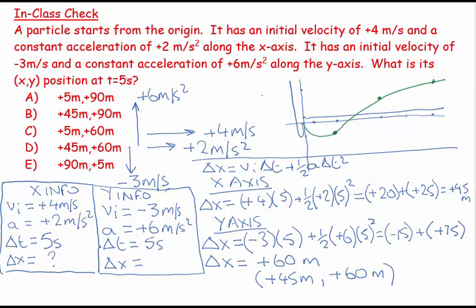Delta t is delta t. You can add subscripts to help you distinguish between these two columns, but I tend to use the fact that I'm only going to have an equation with x stuff in, or only with y stuff in. So there's my answer: plus 45, plus 60.